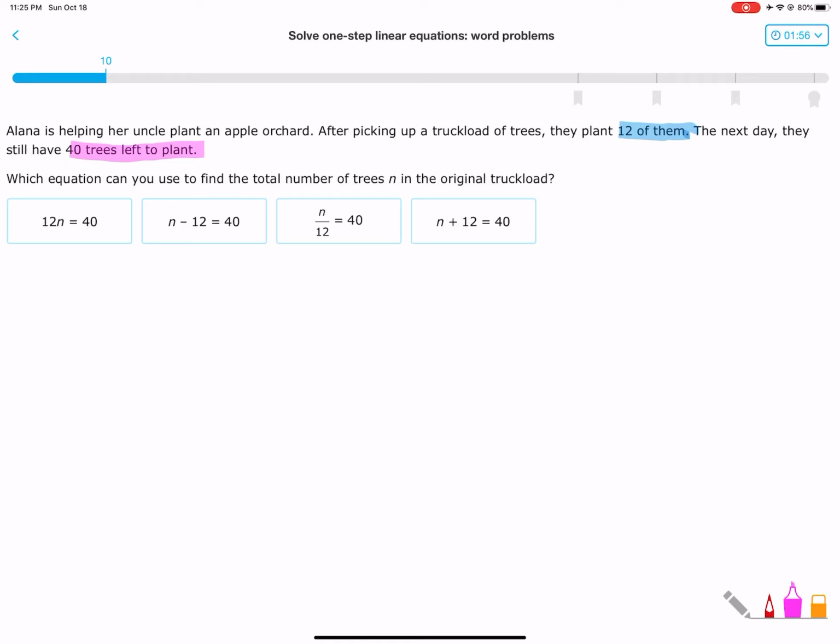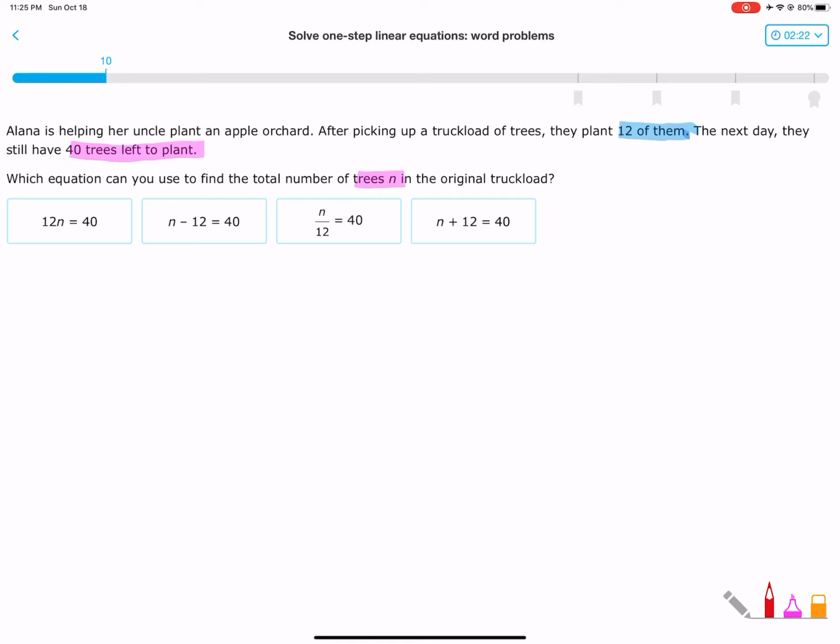Which equation can you use to find the total number of trees? N. So trees represents N. They plant 12 of them, and they still have 40 trees left to plant.